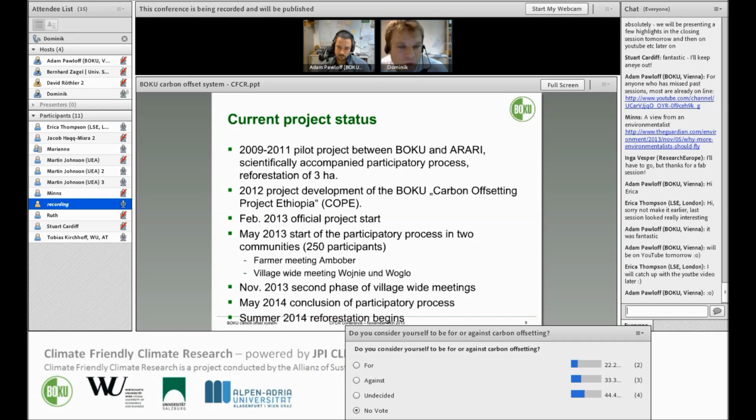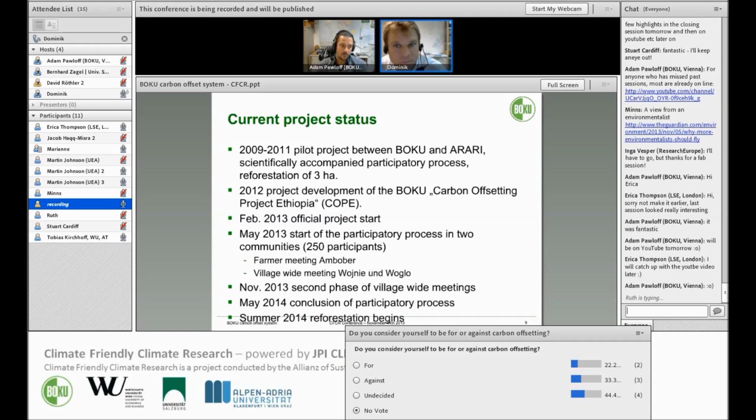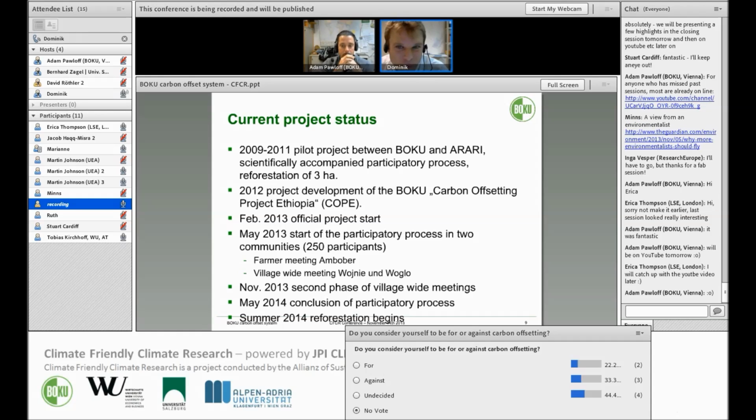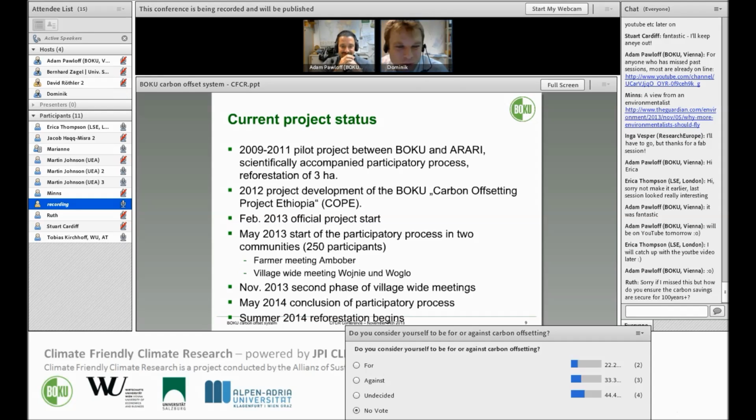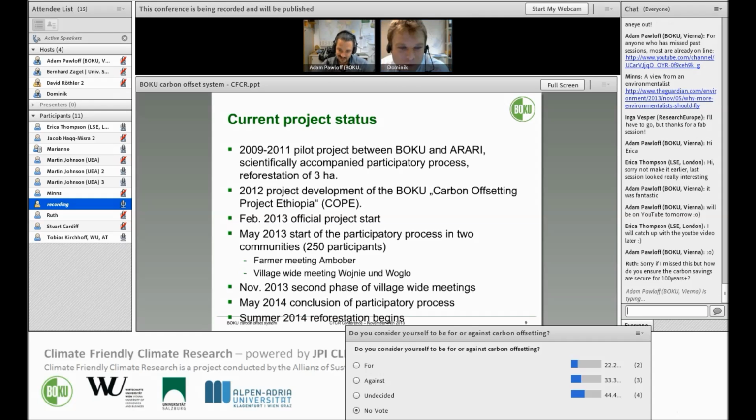Then in February 2013 we gave the official start of the project with the visit of our rector in Ethiopia. He was not only there for our project; it was a longer journey where he also did other cooperations with the university there, and he also didn't fly on our project budget. So this was a more broad visit from him, which supported our project, of course.